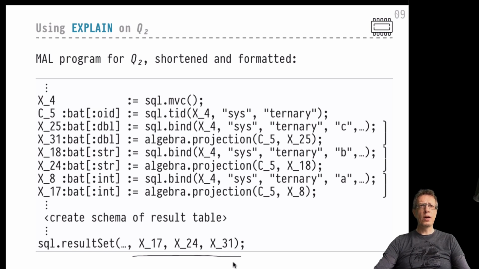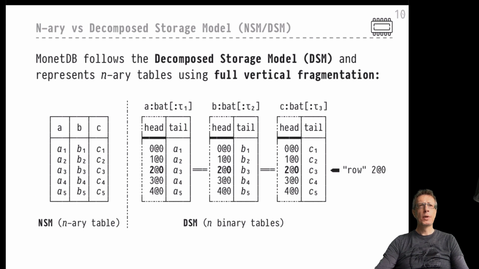So a 3-column result will be assembled from the 3 BATs that really contain the column values. So all of this is a consequence of MonetDB's column-oriented storage of table contents.